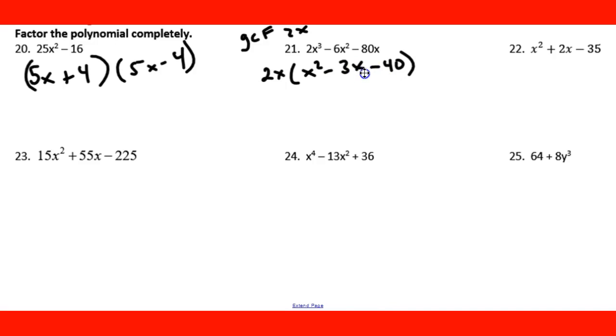You can. The two factors that multiply to negative 40 and add to negative 3 are x minus 8 times x plus 5. So there we go. This is factored right here.